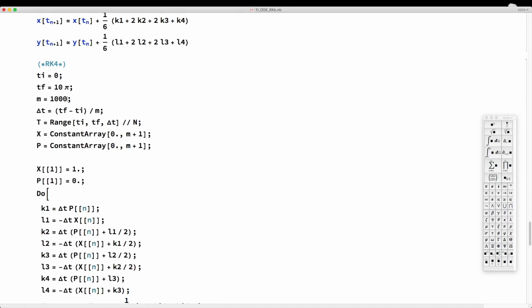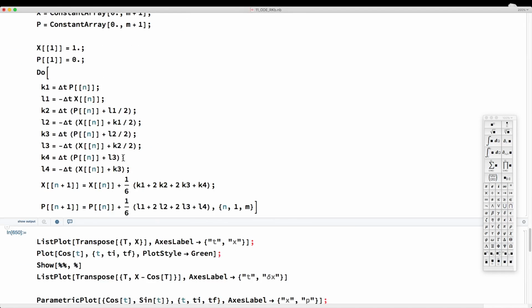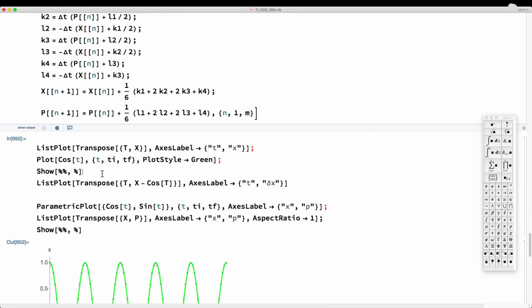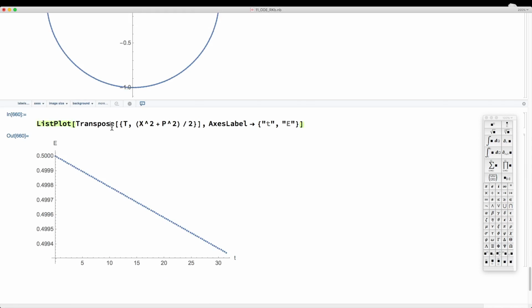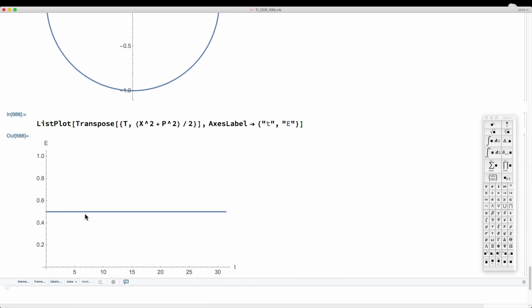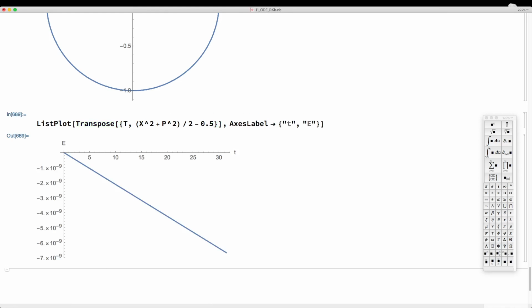So let's try 1,000 time steps. So that will decrease delta T, and then conservation of energy is going to look much better. Let's subtract 0.5 from this to see the result more accurately.